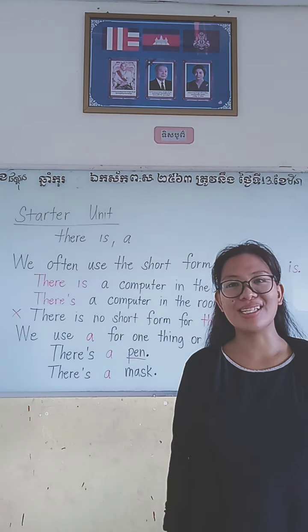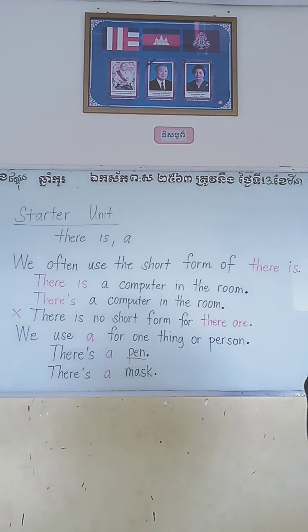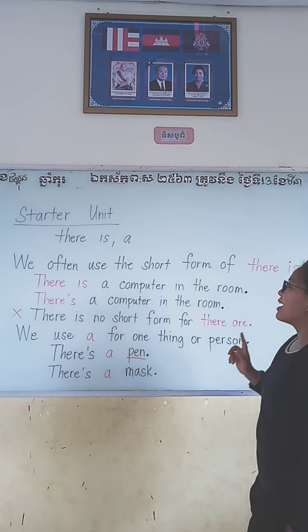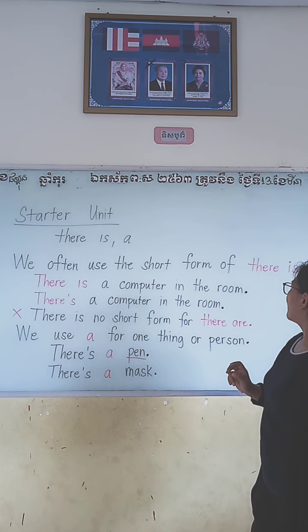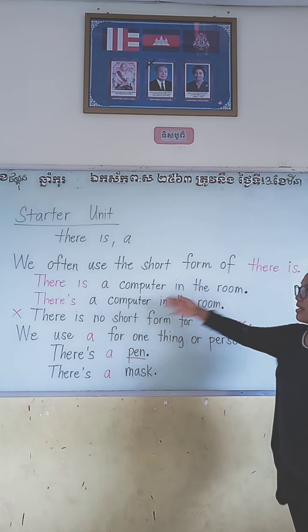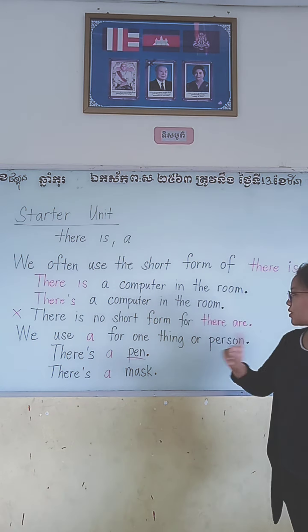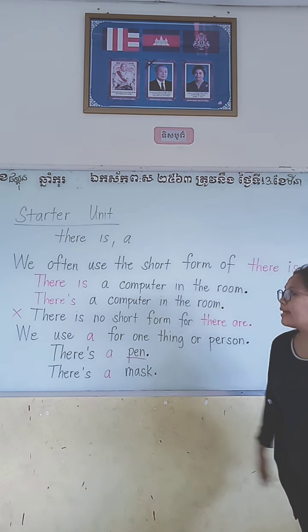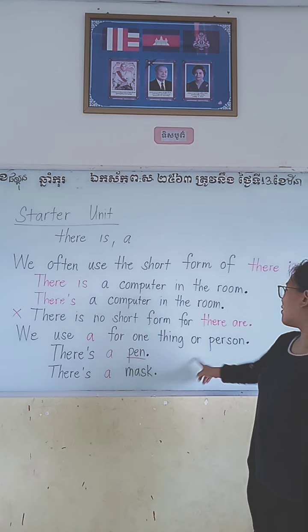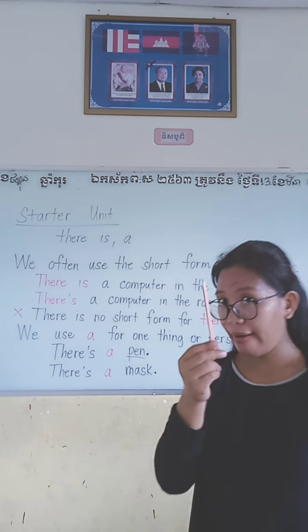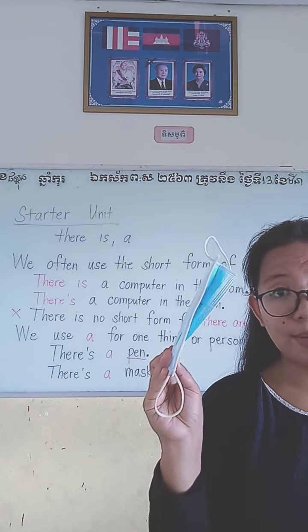Singular nouns. We often use the short form of there is, there's, okay? But you cannot use the short form for there are. And we use a for one thing or person, only one. So that's why we say there's a pen and there's a mask, okay?